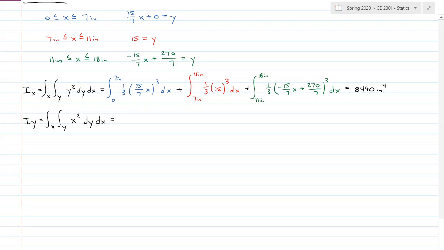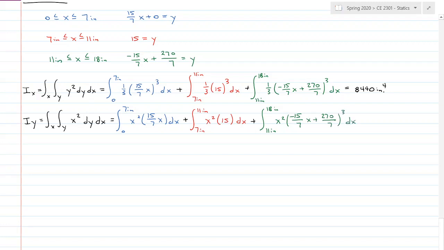So that's going to give us the integral from 0 to 7 inches of x squared times 15 over 7 x dx, plus the integral of 7 inches to 11 inches of x squared times 15 dx, plus the integral of 11 inches to 18 inches of x squared times negative 15 divided by 7 x plus 270 over 7 cubed dx.